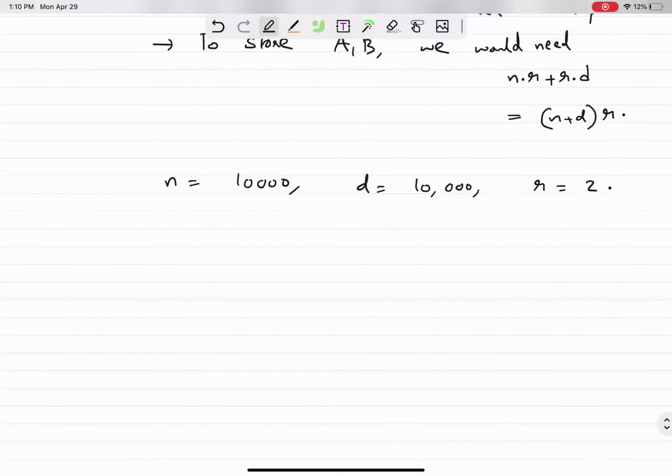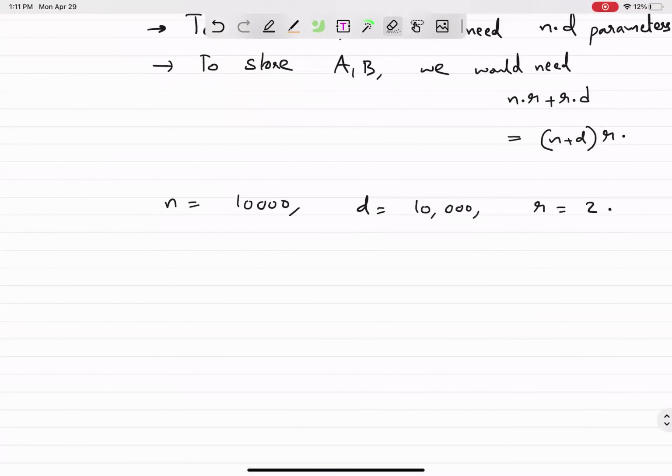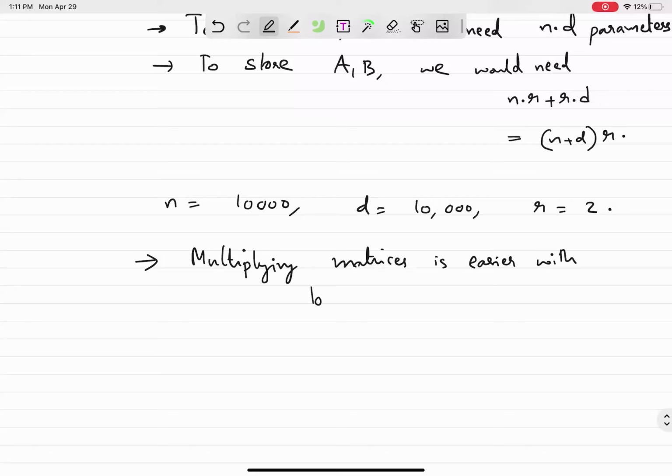The next thing we need to do is to quantify approximation. Oh, actually, let me also say that along with this computational reason for memory, even multiplying matrices is easier with low rank factorizations.